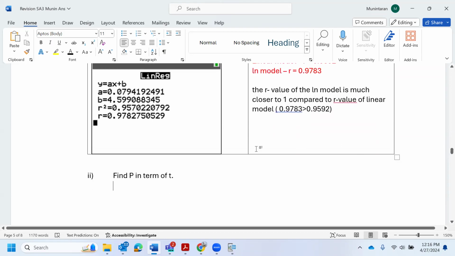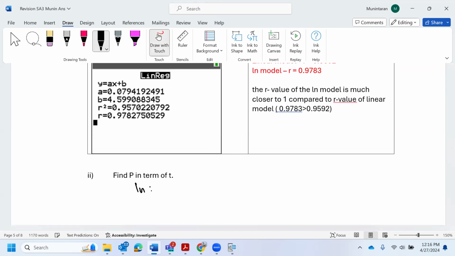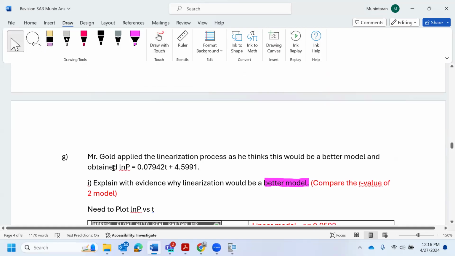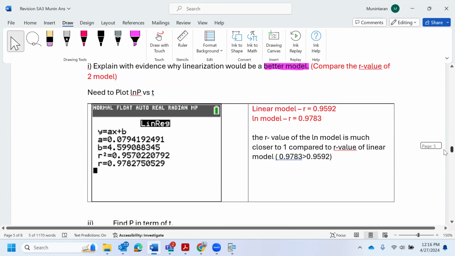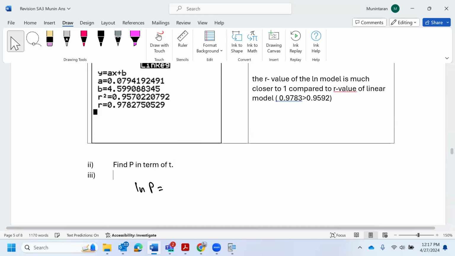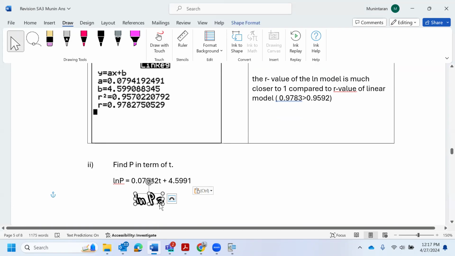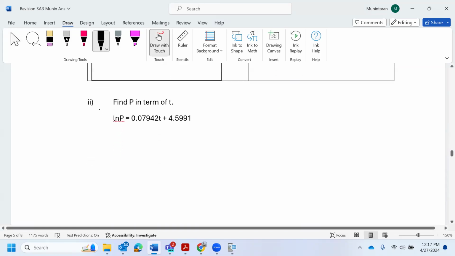Oh, it's here, right? The equation is, we have your ln p, which they already gave you actually, right? Let's bring the ln to the other side.